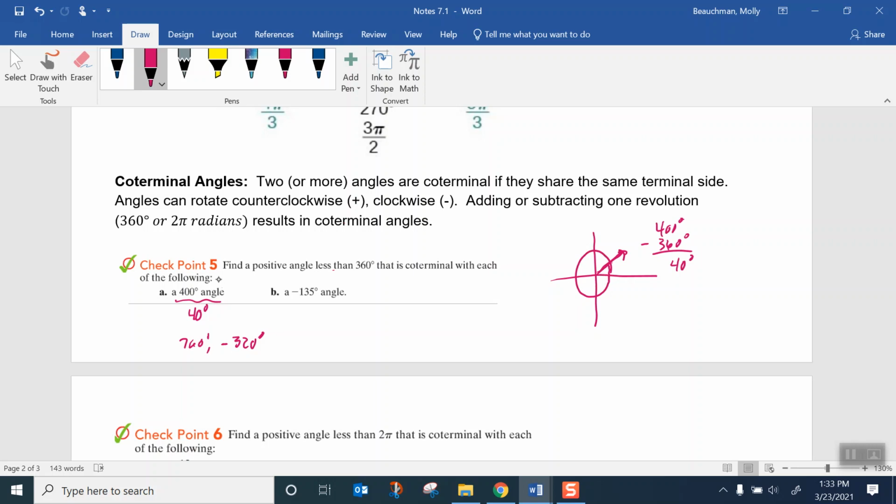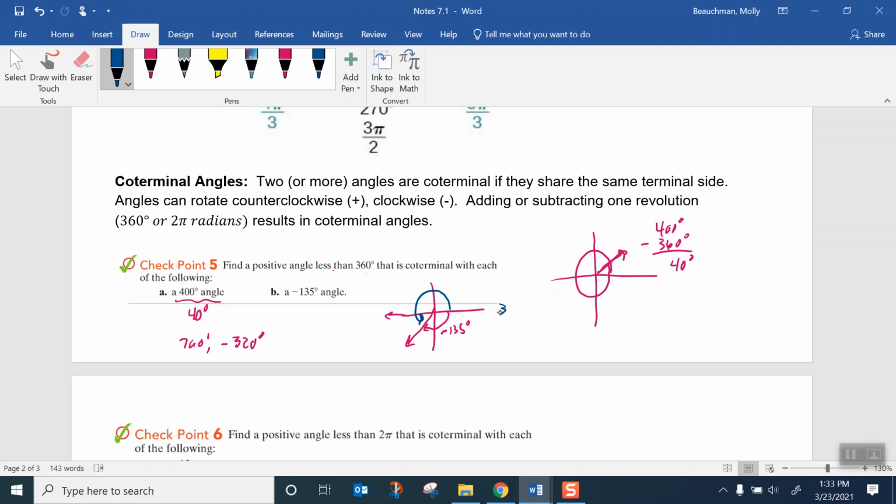Okay. So next, if we want to find a positive angle less than 360 coterminal with negative 135 degrees, negative is rotating clockwise. So negative 135 lands here. So how far would that be if we rotated counterclockwise?